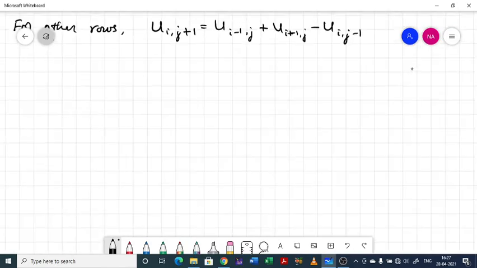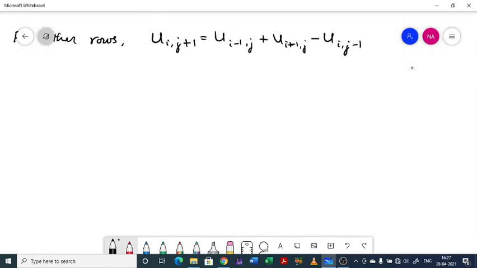So there is one more problem that can be taken as an exercise. So I'll state the problem here. Solve 25 u(x) equal to u(t) at the pivotal points given u of 0 comma t equal to 0 equal to u of 5 comma t. So again here x varies from 0 to 5.